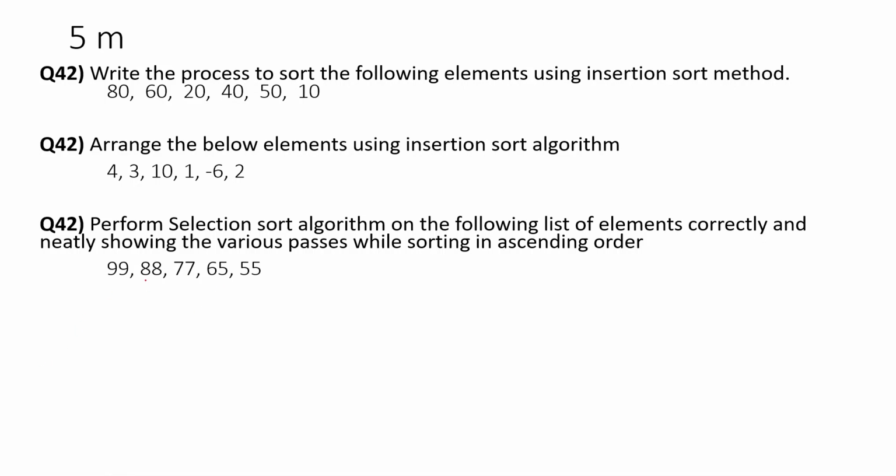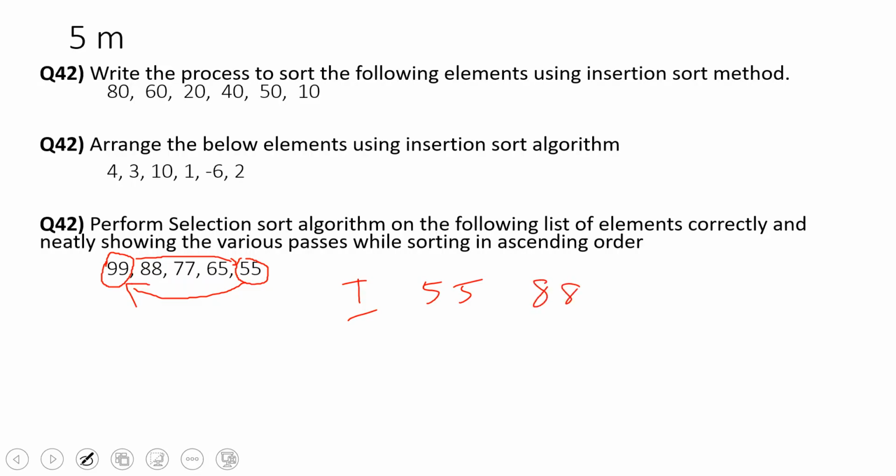Here, which one is the lowest value? 55 is the lowest value, and this lowest value will be interchanged with the first element, and this value comes here. So what is the answer? In the first pass, it is 55, 88, 77, 65, and 99.